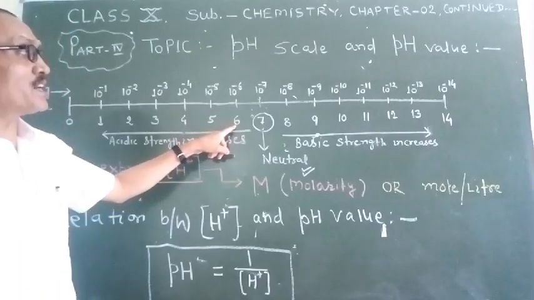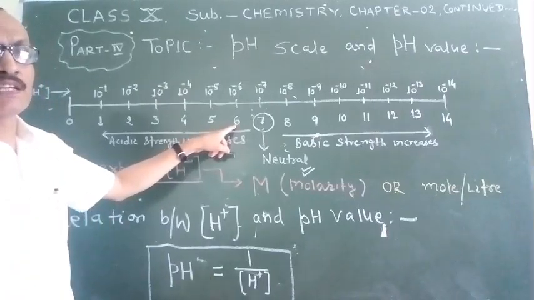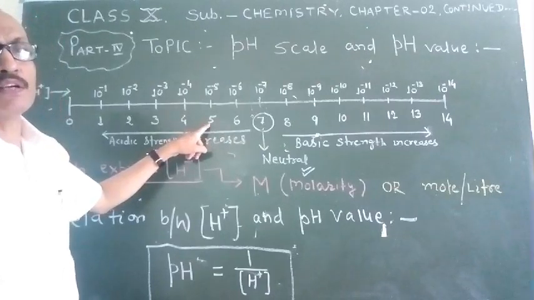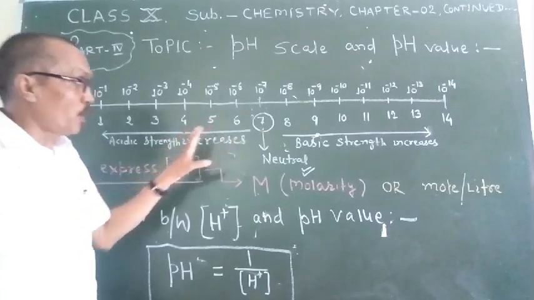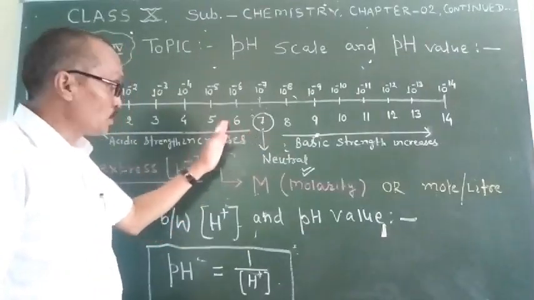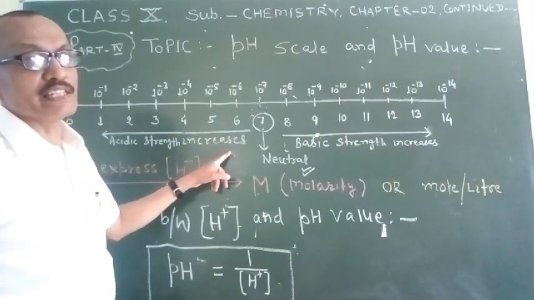Then if it is asked which one will be more acidic, your answer should be the solution which pH is 5. Because already I have shown here, as you move from 7 to left, acidic strength of solution increases.